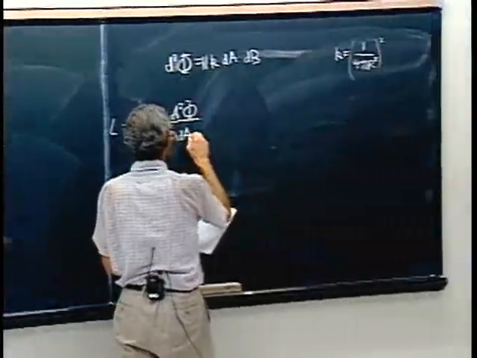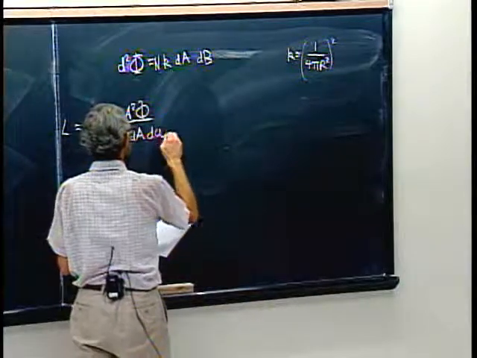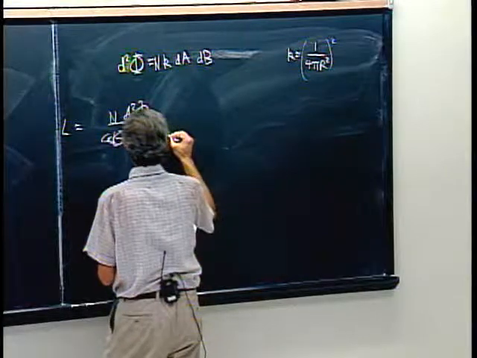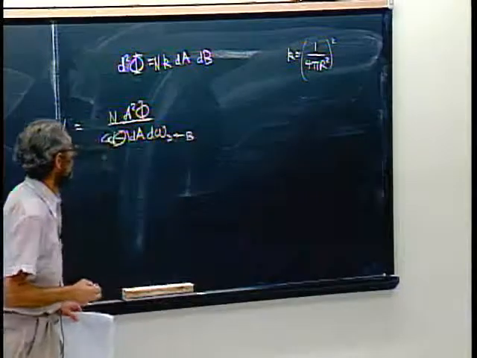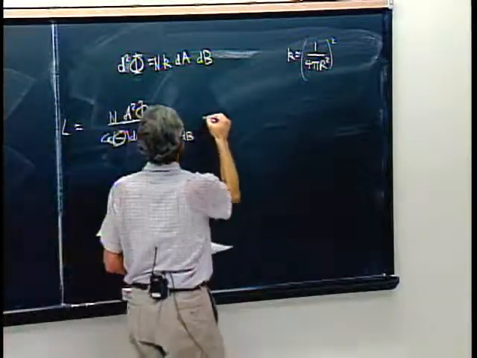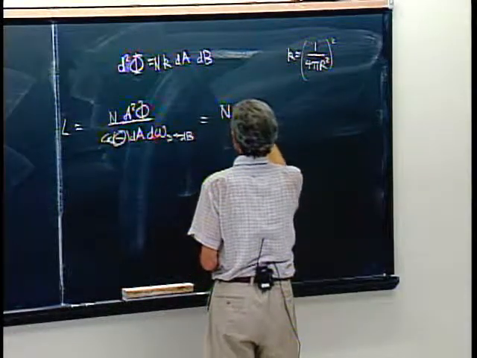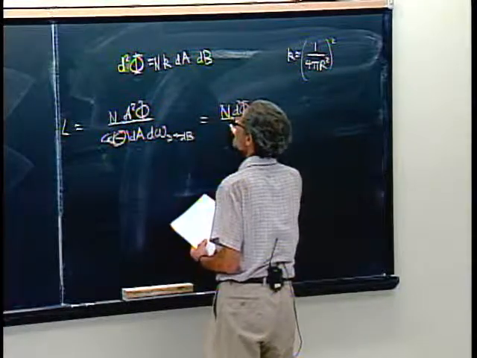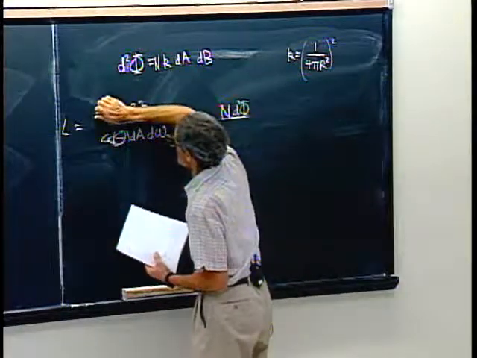So I multiply it by the area A normal to the beam, and I also divide by the solid angle. The solid angle is the solid angle of B going to the point S. This is dB, right? And this is N d squared phi. Well, I already have an N here. If I'm going to put the N there, I don't need it here.